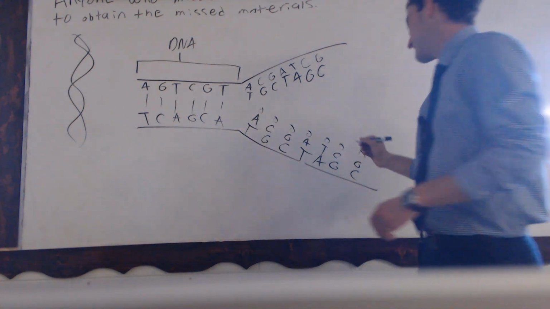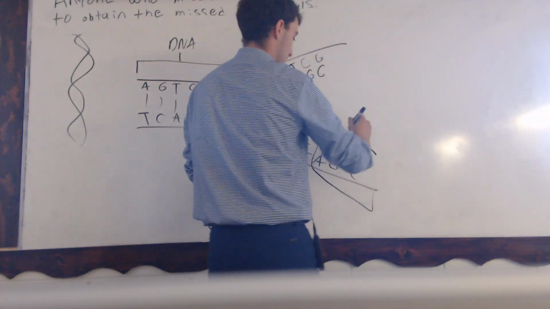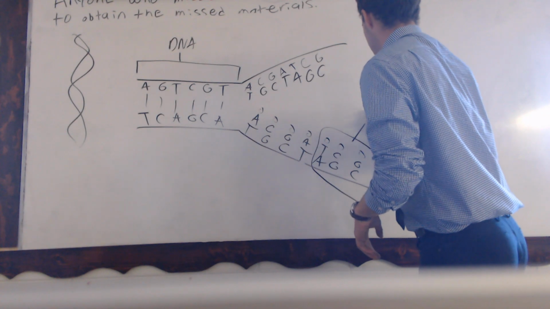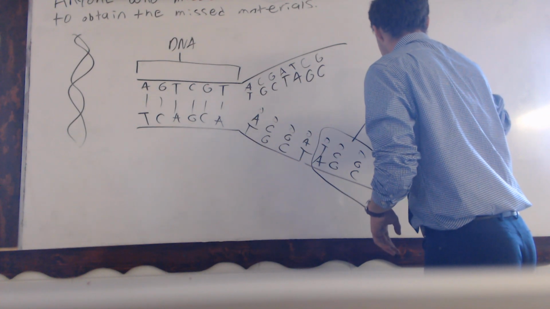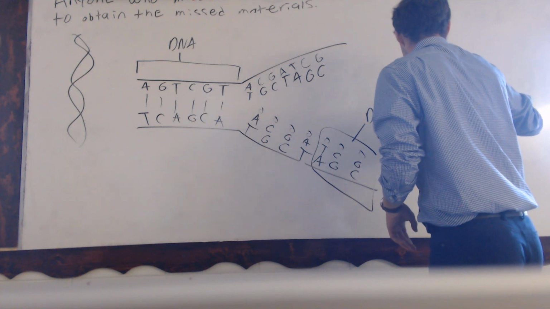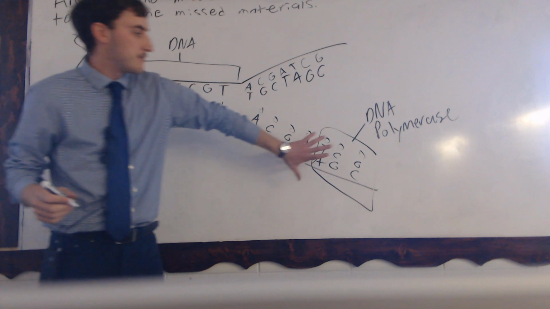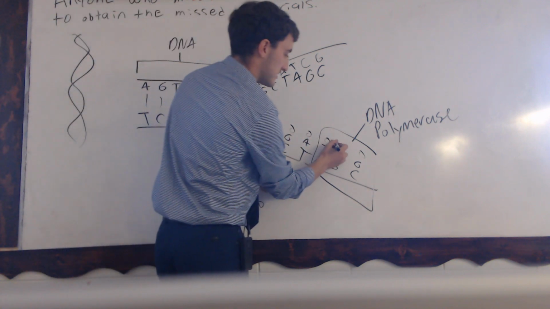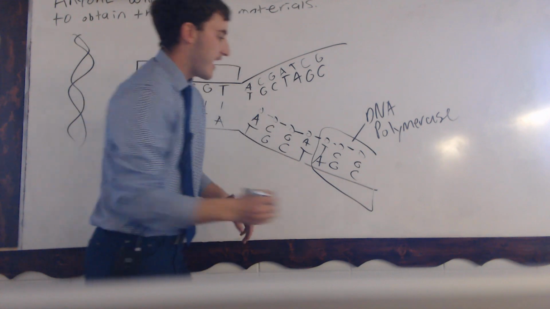Remember this one. Okay? So this will come in, DNA polymerase. So now we have the DNA polymerase, and basically this is just going to make sure they're all connecting and it's all good.